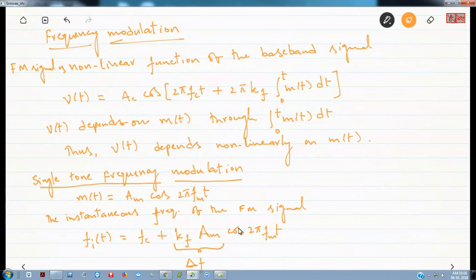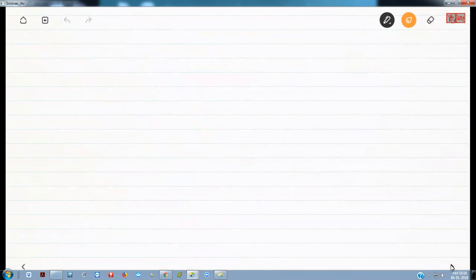So this delta f, which is k_f into A_m, is called the frequency deviation.